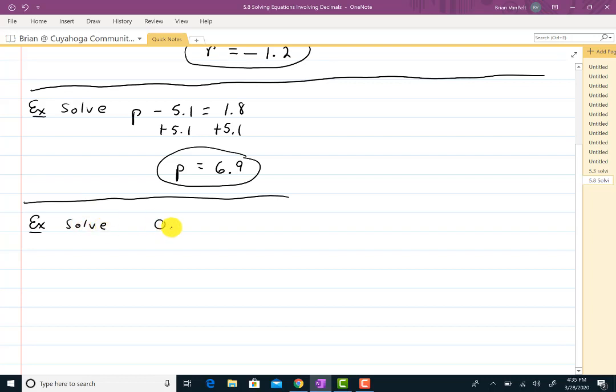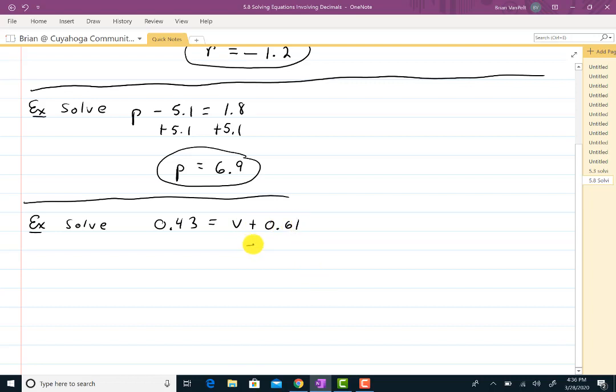This time we have 0.43 equals v plus 0.61. Now remember, another thing about these equations is it does not matter which side the letter ends up being on, as long as it's by itself. So seemingly attached to the v is this plus 0.61.